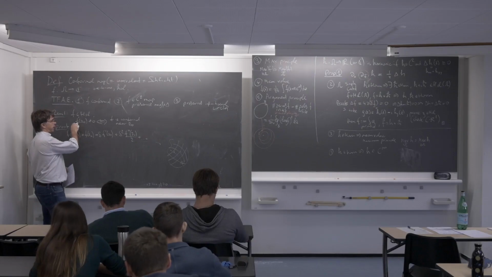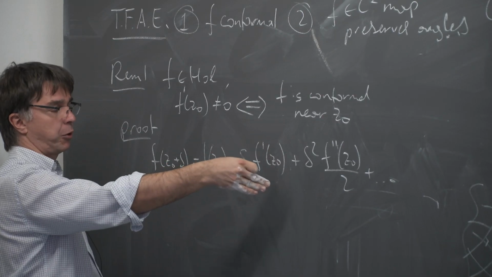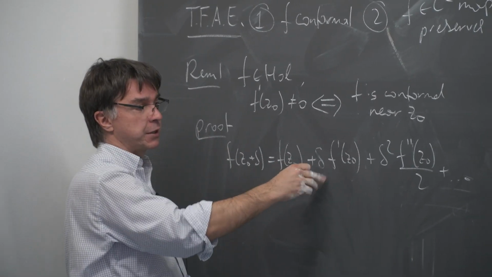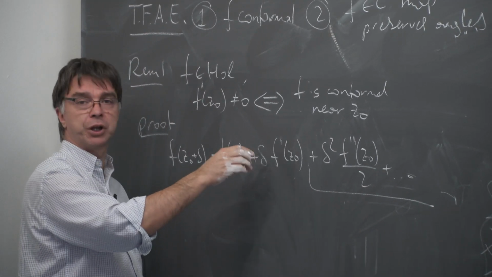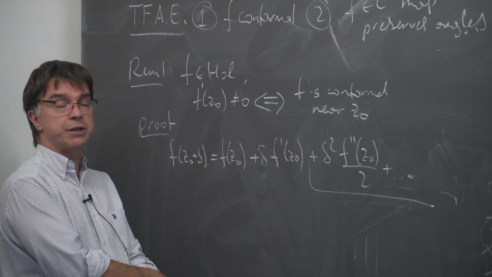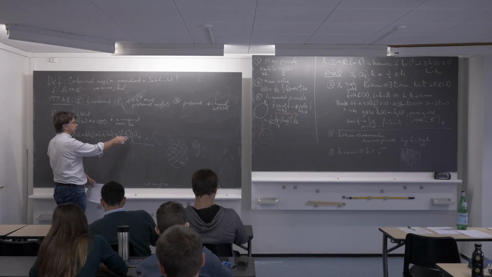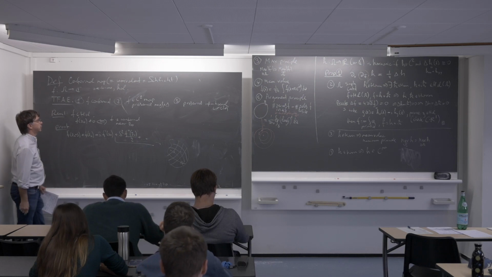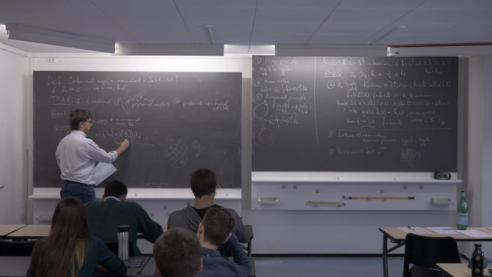If f prime of z0 is 0, then you start with the next term and it won't be conformal. Every value will be taken at least twice. But if f prime is non-zero, whatever remains is much smaller, so to first order it is linear, and you can easily, using the implicit function theorem or the argument principle, deduce that it takes every value exactly once, until you reach a delta where these terms sum to something comparable.